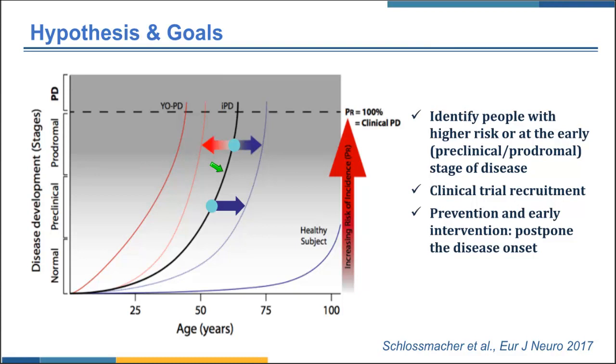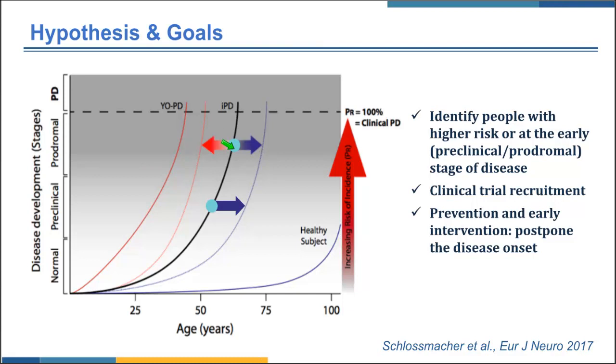So for our project, we want to identify people at this stage, before their disease onset. If we can find people at the preclinical and prodromal stage, doctors may include them in clinical trials, or there may be prevention or intervention procedures that can help postpone their disease onset.